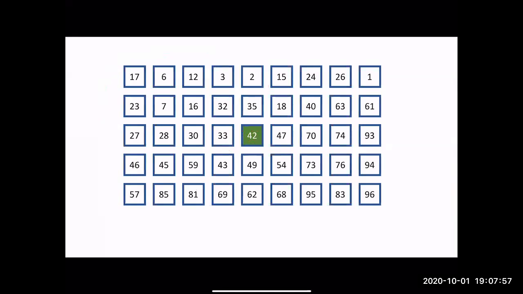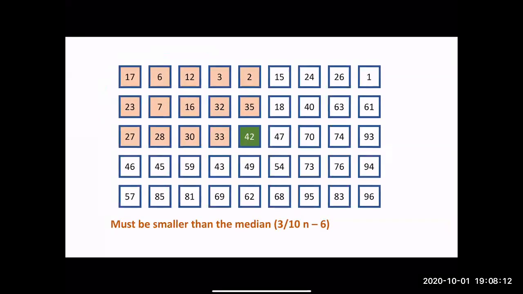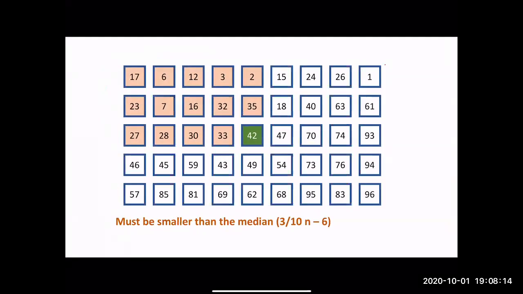So what we know is that the median of medians is larger than 3/10 n of the elements. And why is the 3/10 important? Well, if we look at the columns, there are n over 5 columns.